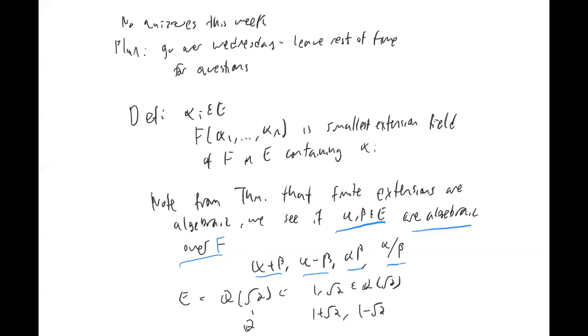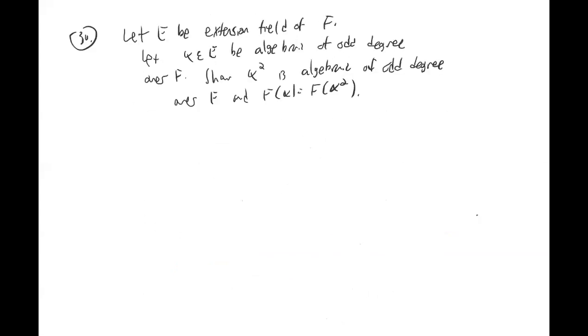So in other words, I'm taking beta to be equal to alpha here, and I'm multiplying. So alpha times alpha is alpha squared. So alpha squared is certainly algebraic if alpha is algebraic. So the fact that it's algebraic is clear.